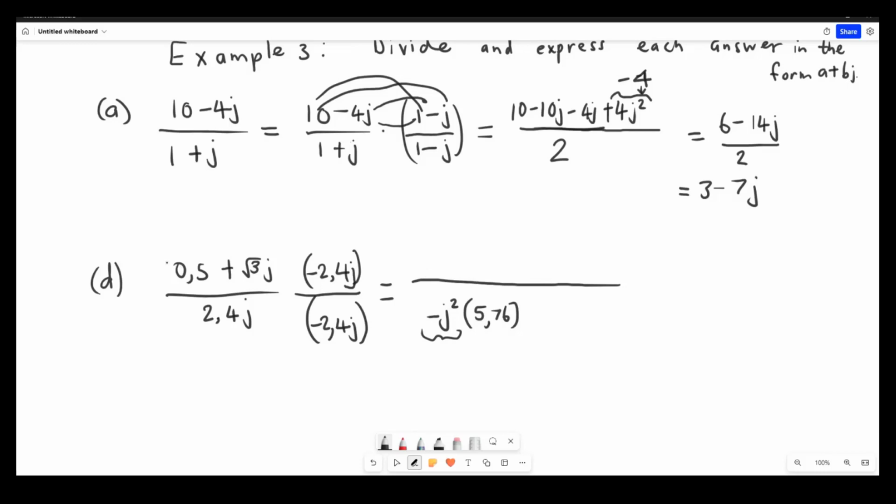So 0.5 times that second bracket gives us on top: what is half of that? Minus 1.2 j, minus, what is the square root of 3 times minus 2.4, guys? What is the square root of 3 times 2.4?